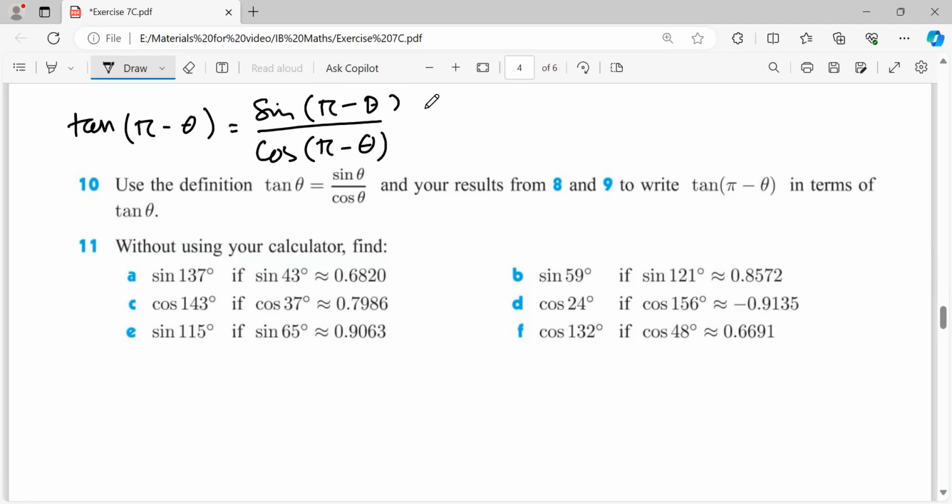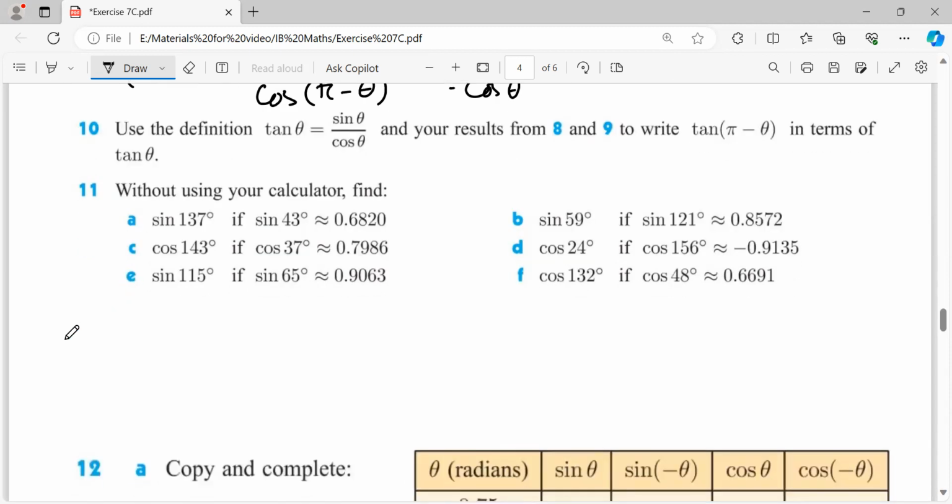And then sine (pi minus theta) equals sine theta, and this is negative cosine theta. Negative tangent theta. So tangent (pi minus theta) equals negative tangent theta.